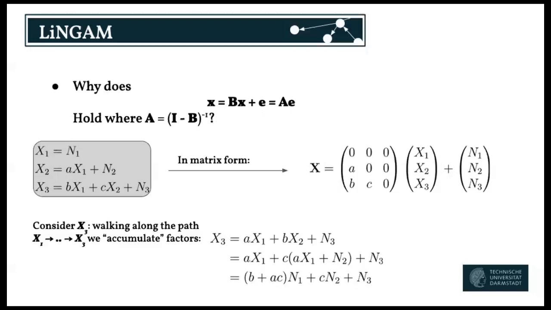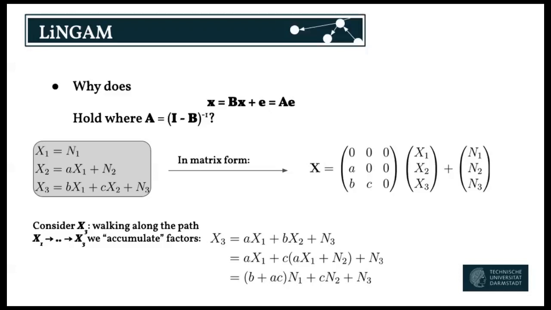And we can see this using an example. So we have this SCM here, as usual. Yeah, so we have 3 variables in this case. As you can see, everything is linear, our linearity assumption. The matrix form, we can write it like that. And now consider X3. And as we have like a chain basically from X1 over X2 to X3, you can try to write X3 in terms only of the noise variables.